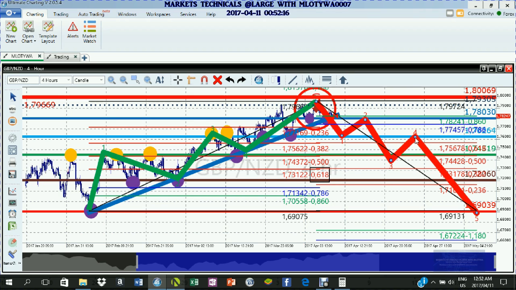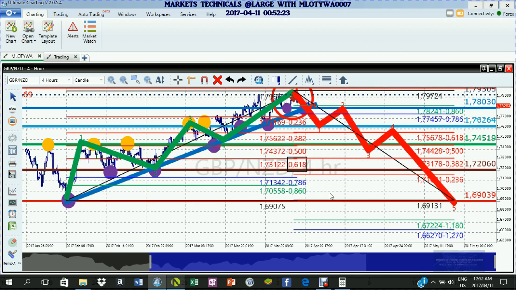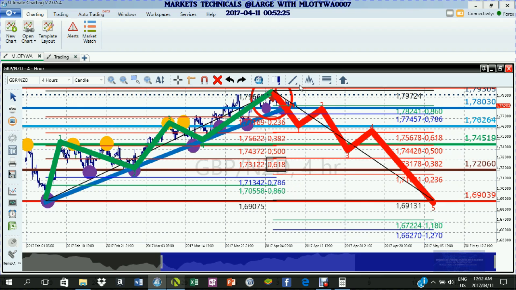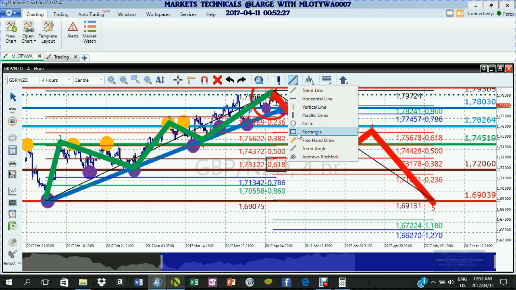And after that, the market will also retrace when it gets to this point.